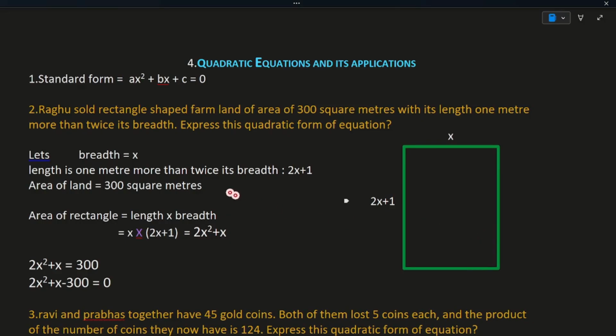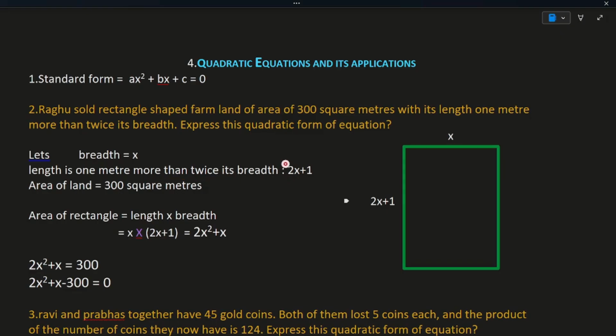I am imagining the breadth equal to x. This is the breadth, so this is x. From the given data, we can say that length is 1 meter more than twice its breadth.